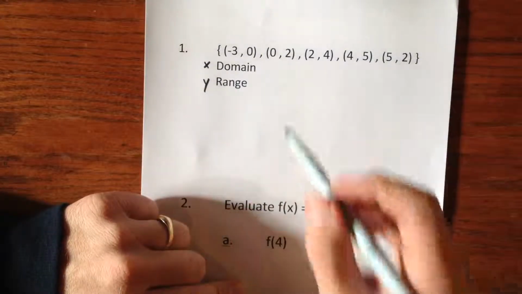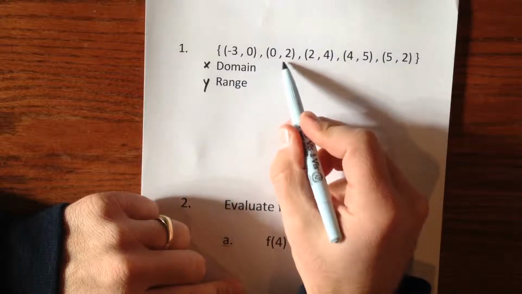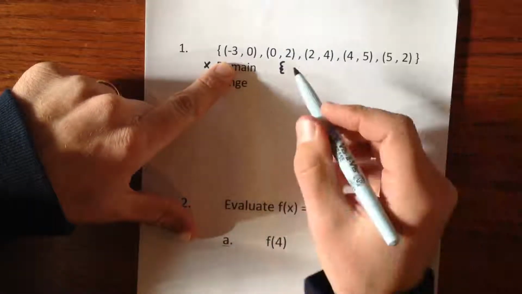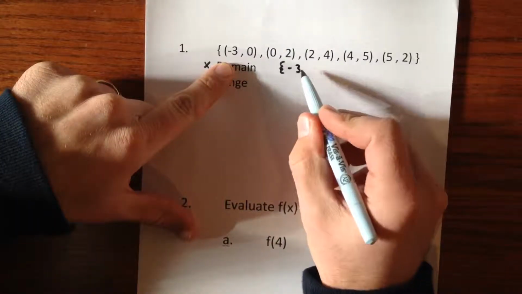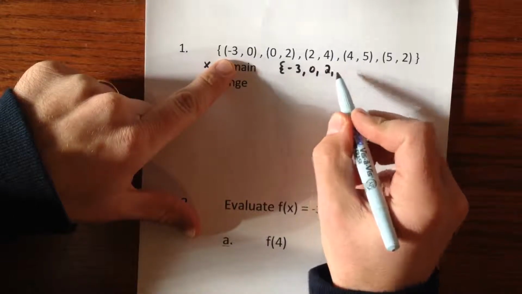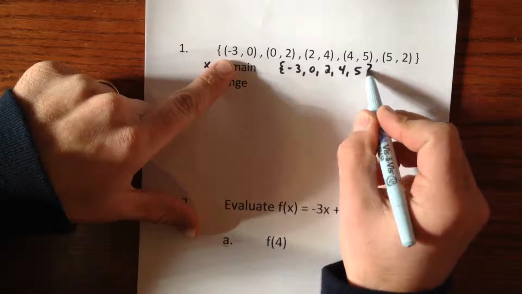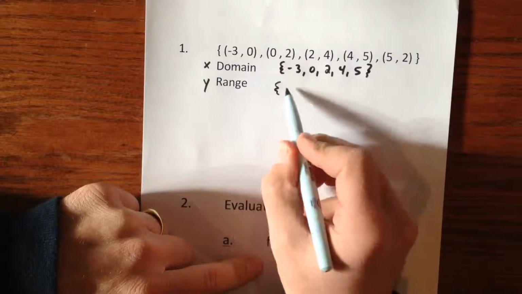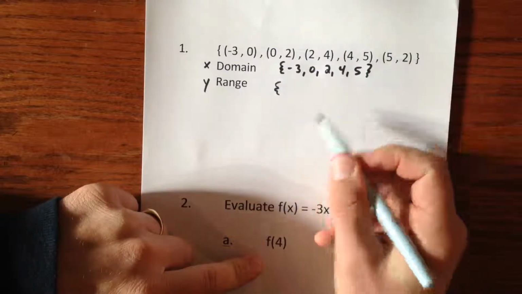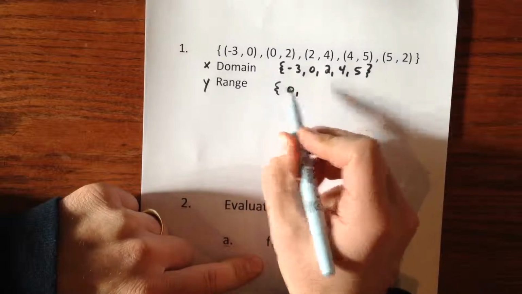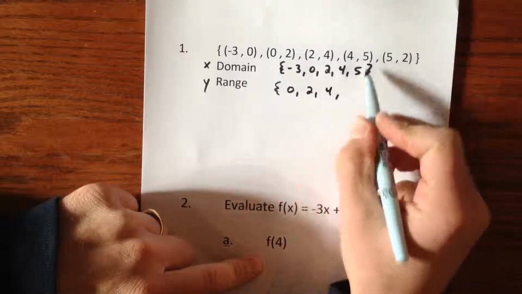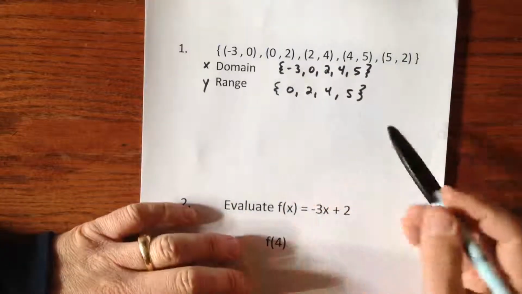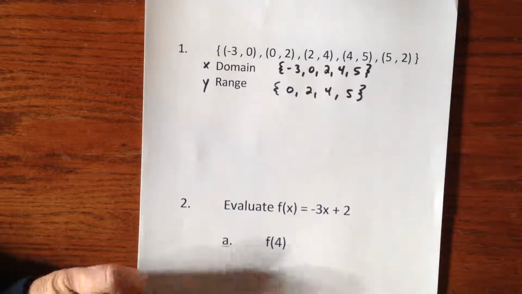So when we just have points, it's really just a matter of making brackets for your set notation, and it looks like I have -3, 0, 2, 4, and 5 as my X's, and for my range it looks like I have 0, 2, 4, 5, and 2, so I don't have to write the 2 twice. 0, 2, 4, 5. So there's only 4 different Y values. So there's your domain and there's your range.